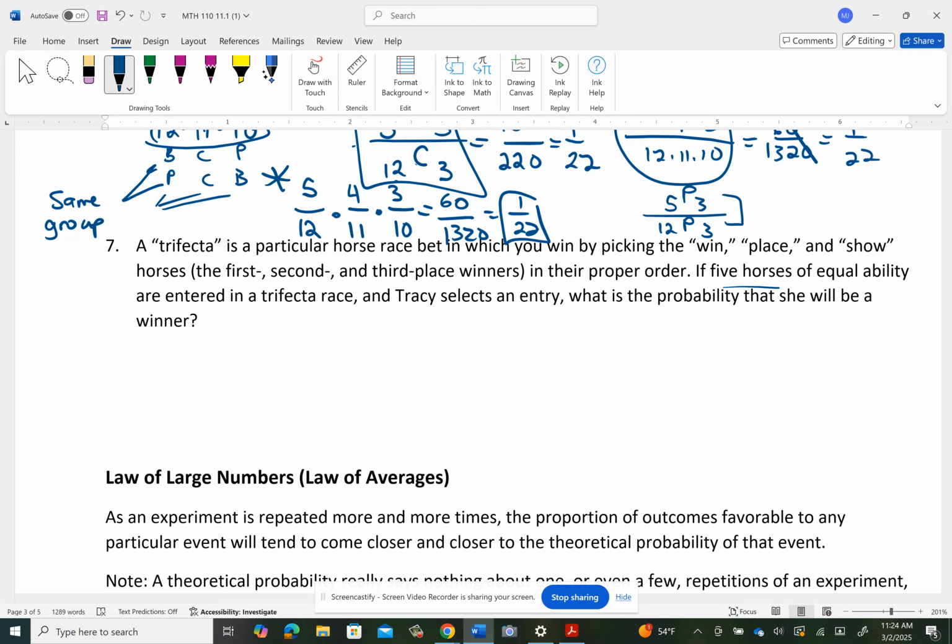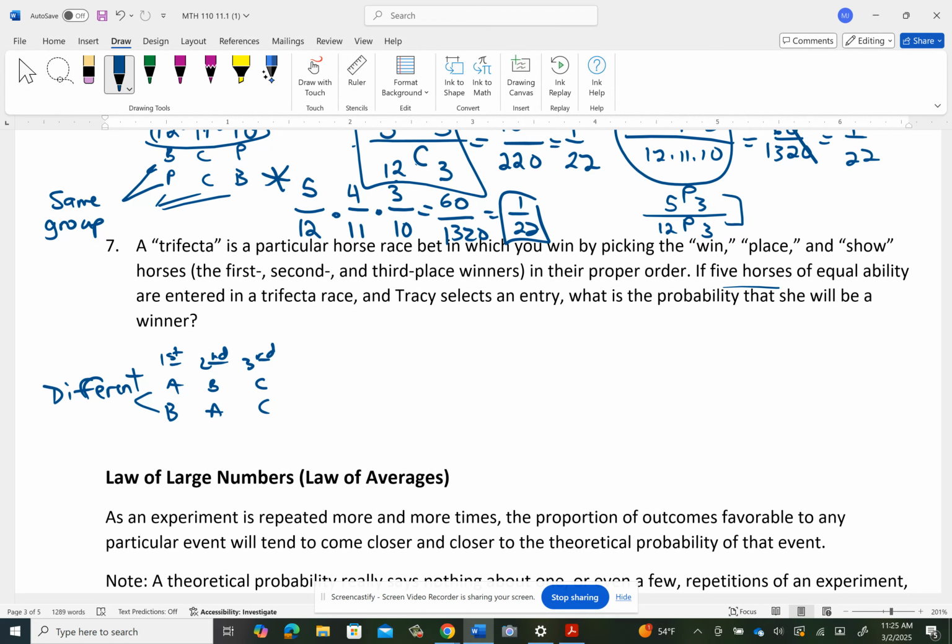So when you're thinking about that, it's the number of possible first, second, and third place combinations, the number of ways you can choose from these 5 horses, right? I could pick A, B, and C, or I could pick B, A, and C, which would be a different way of selecting first, second, and third places.